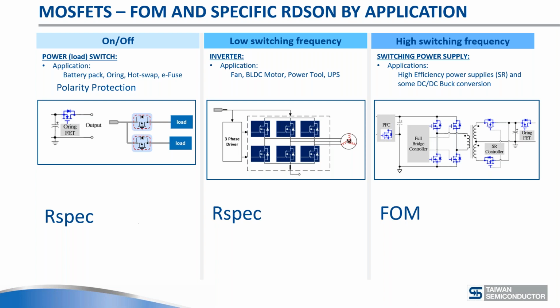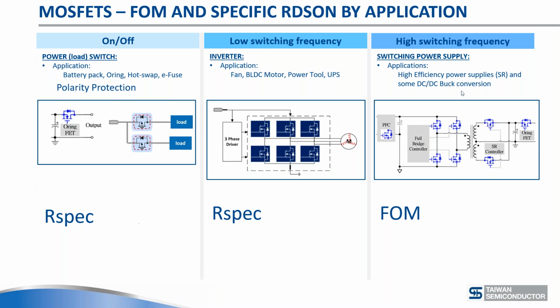Then we're moving to the right-hand side, to the high switching frequency applications, where you have synchronous rectification, where the rectifiers are replaced by MOSFETs, and of course DC-DC buck converters. DC-DC buck converters can switch anywhere from 100 kilohertz to 4 megahertz.